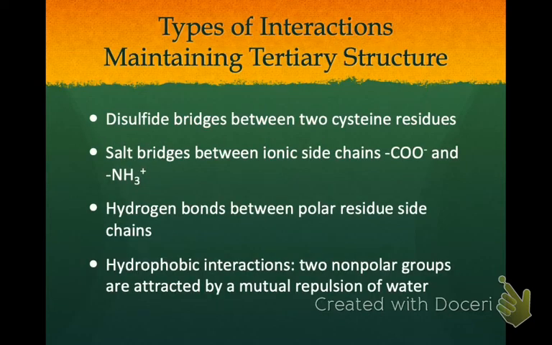I put this slide in here just to give you a quick review of some of the R group interactions that maintain the tertiary structure, or that formation of the protein. And so again, we have the covalent bonds or disulfide bridges between 2 cysteine residues. We have salt bridges.